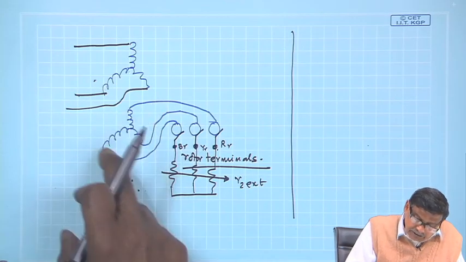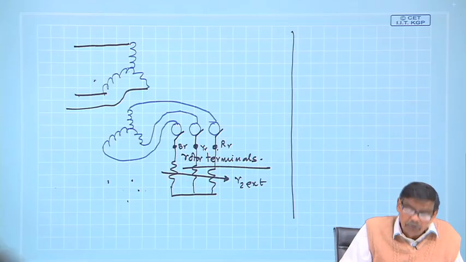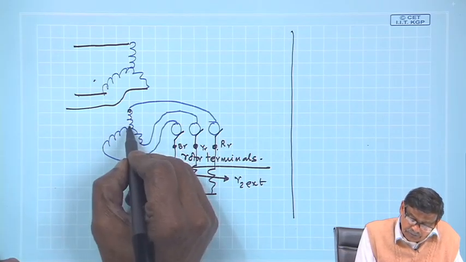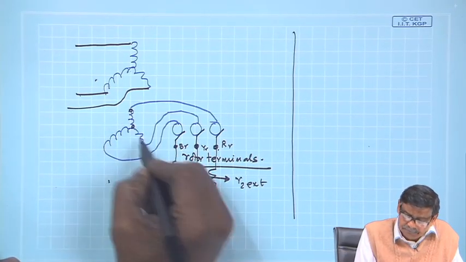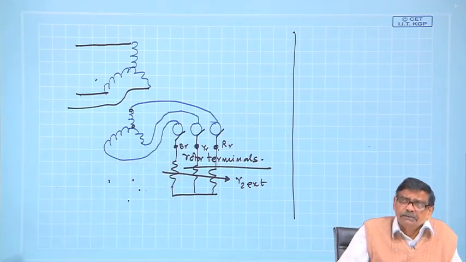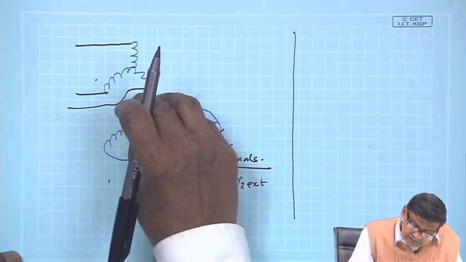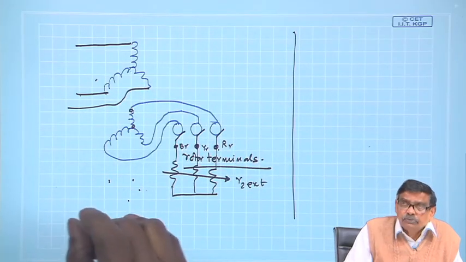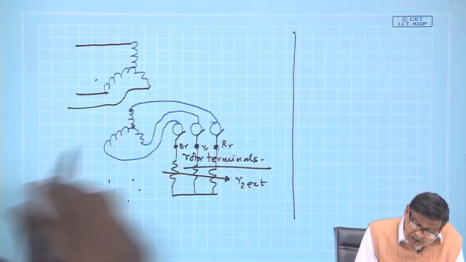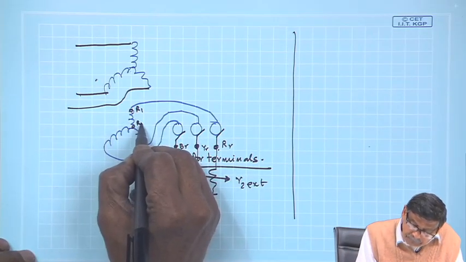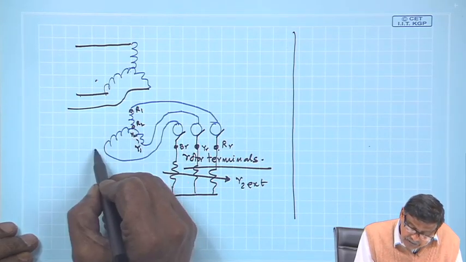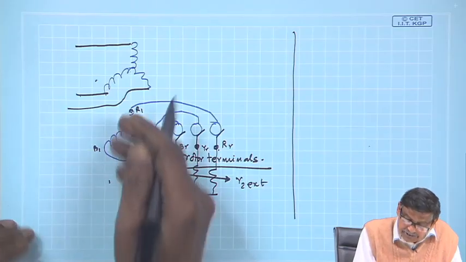Now, regarding these rotor terminals, each phase of these windings has two terminals. Suppose you say that I want to get access to both R1 and R2, and separately Y1 Y2 and B1 B2, all 6 terminals.